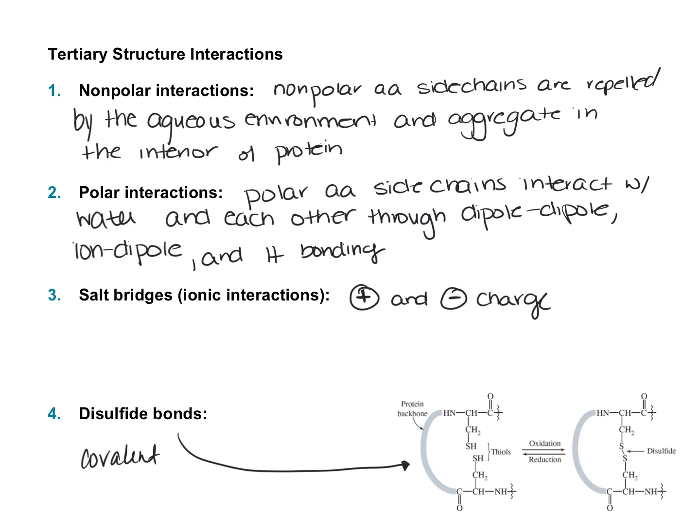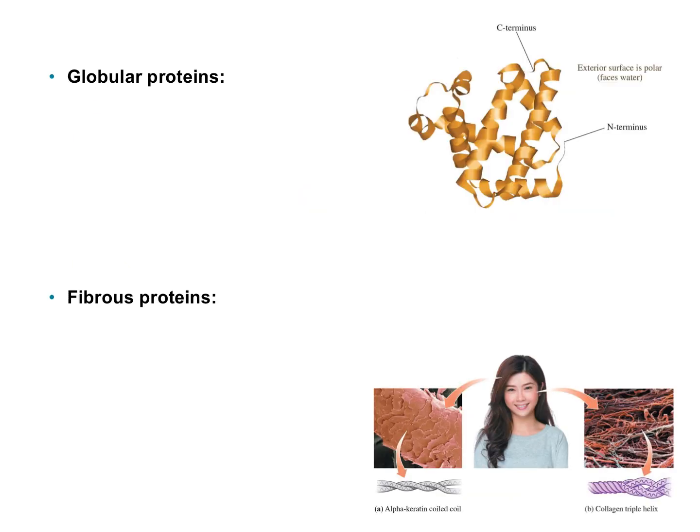Now, with all of this folding, we end up with two kind of large classifications of proteins. Those two large classifications are globular proteins or fibrous proteins.